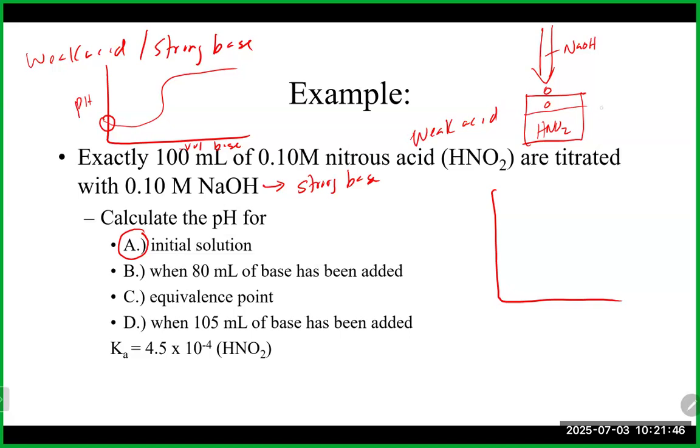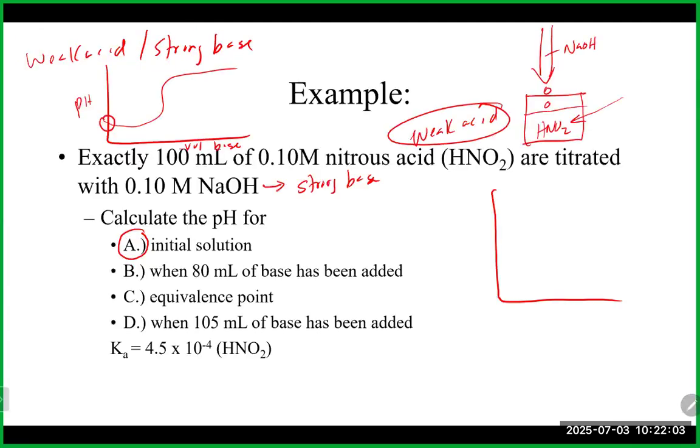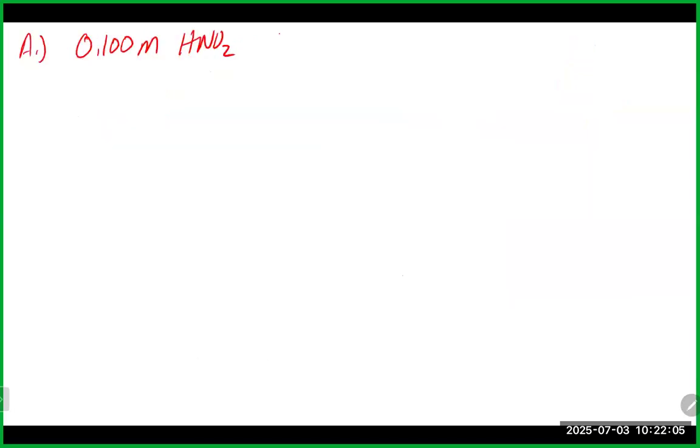Really the only thing we have there is what's in the beaker, which is our weak acid. As we talked about, at this point in the titration we are looking really at just a weak acid problem of nitrous acid. It has a concentration of 0.1 molar and 4.5 times 10 to the -4 as our Ka.